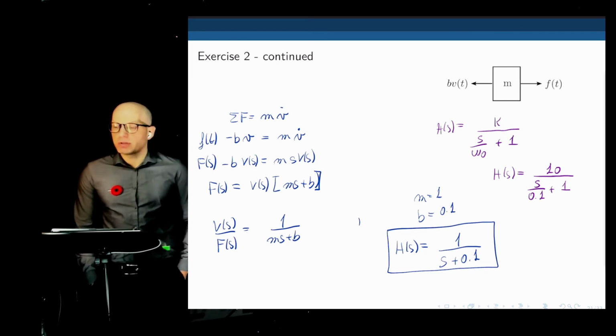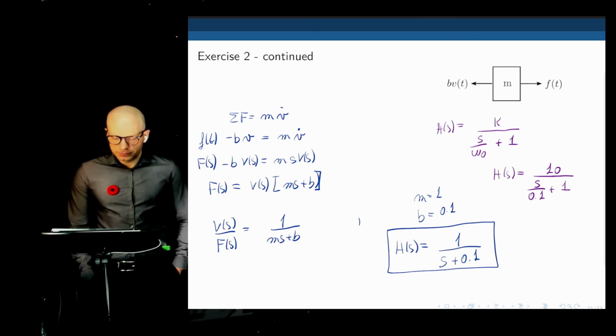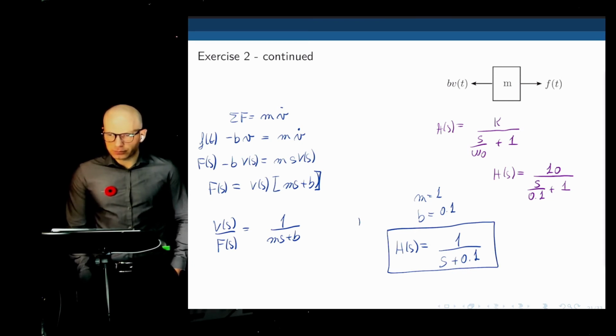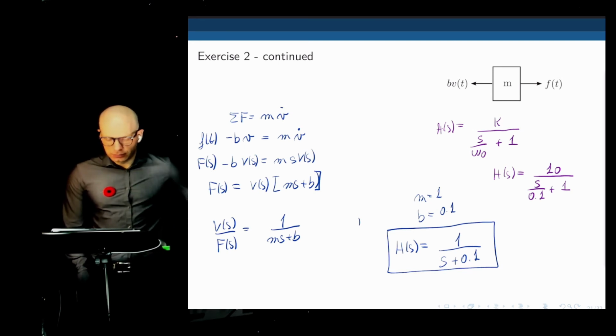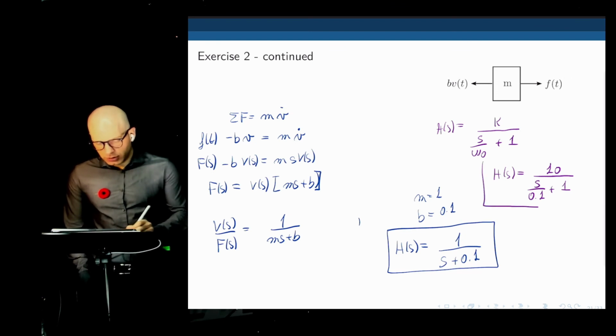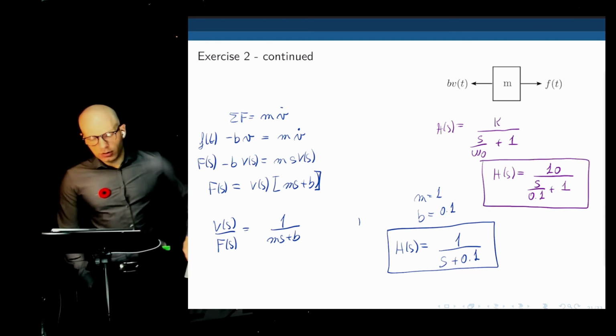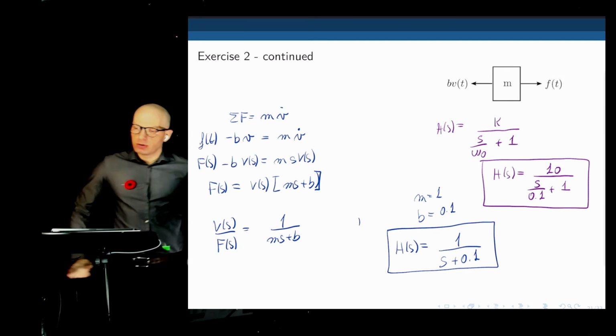I have to divide the top and the bottom by 0.1. Any questions? You just need to prepare the transfer function in the format required for the Bode plot.